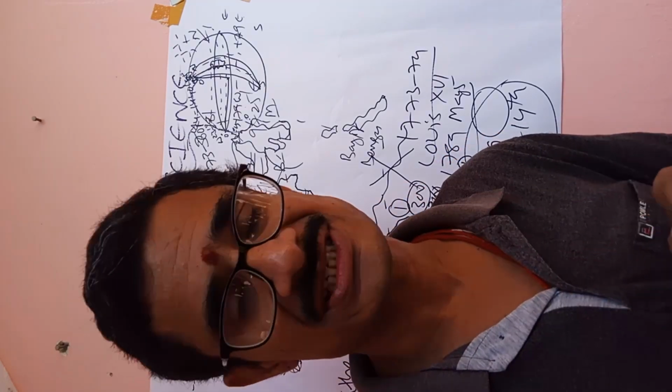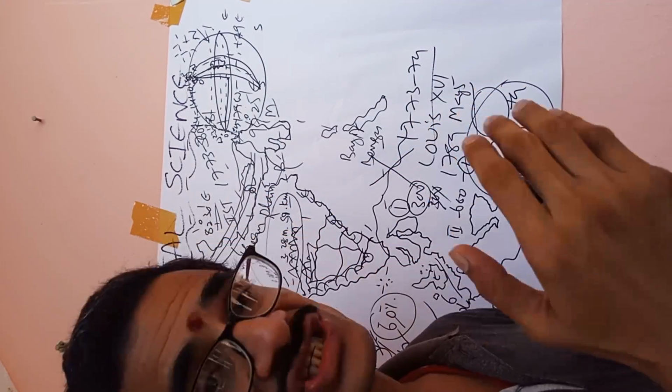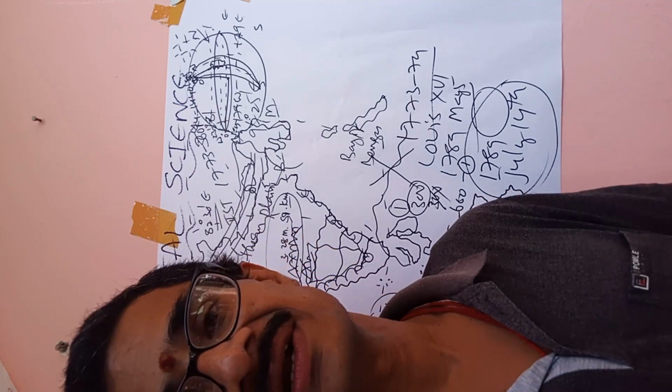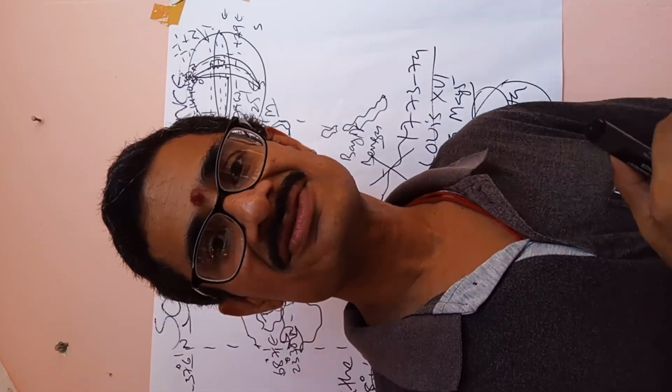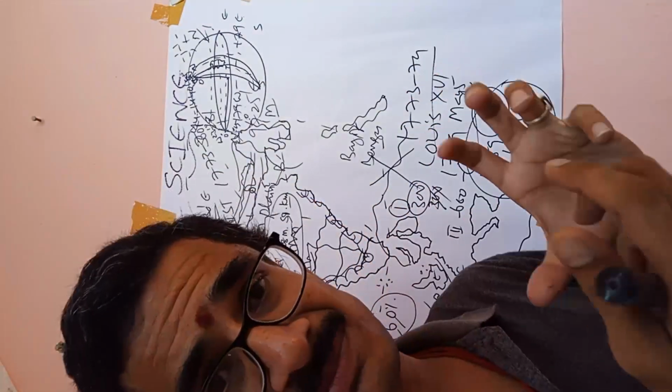This nation state concept, after 1815, first in 1861, the Italian nation was formed. In 1870-71, Germany. The old name of Germany is the Prussian Kingdom. Italy was also divided into seven parts.